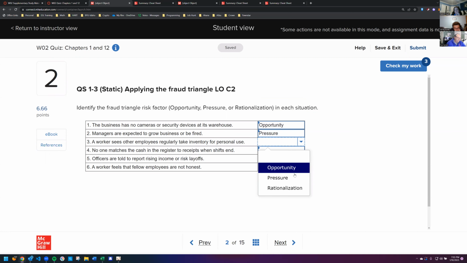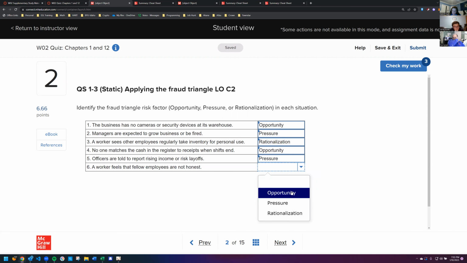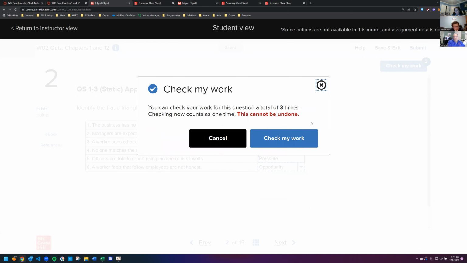So I'm just answering one of these questions just to show how this works. Worker sees other employees take, rationalization. I'm just answering these questions based on my own opinion. No one matches the cash. Officers are told to report. And worker, I'm going to get this one wrong on purpose. And check my work.